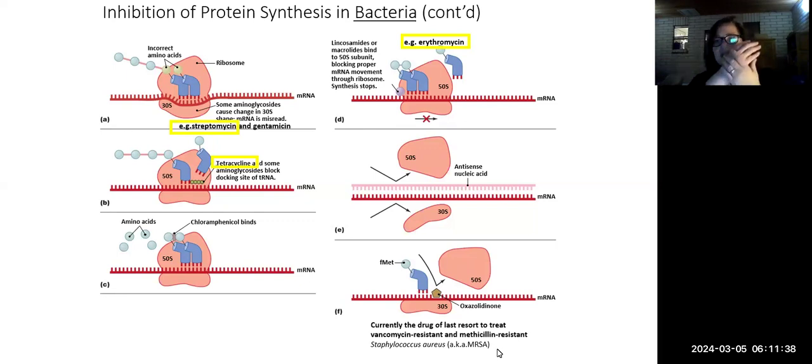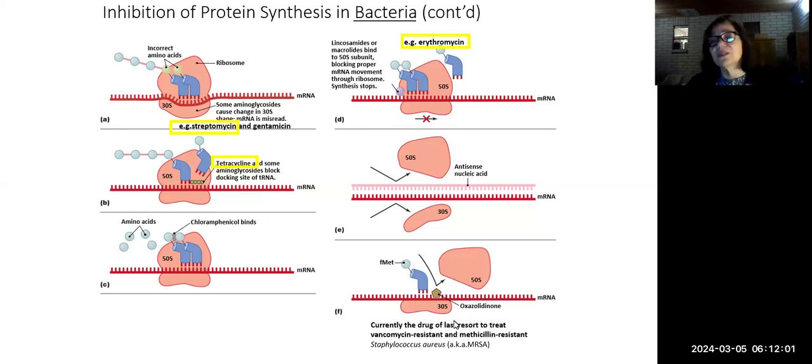The Staphylococcus aureus is bacteria that lives on most of us. We have it on our skin, and usually it's not a big deal, but there are some strains of Staphylococcus aureus that can no longer be fought using methicillin, and some of them also cannot be fought using vancomycin.